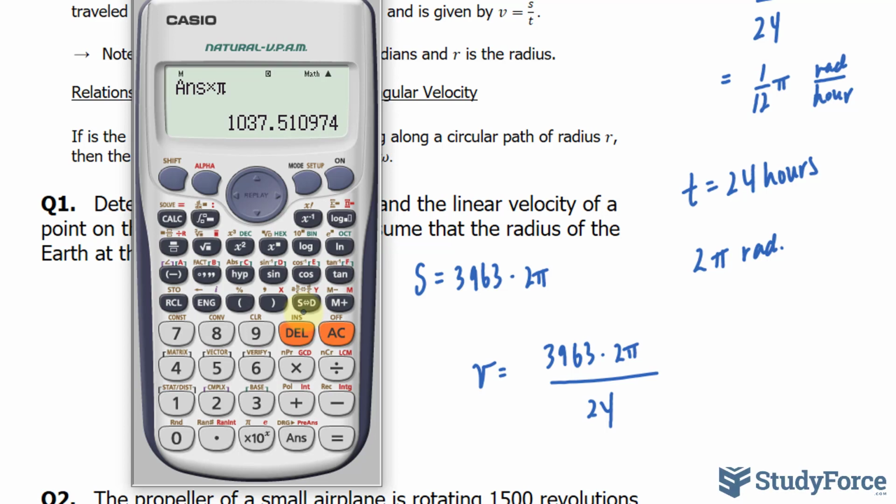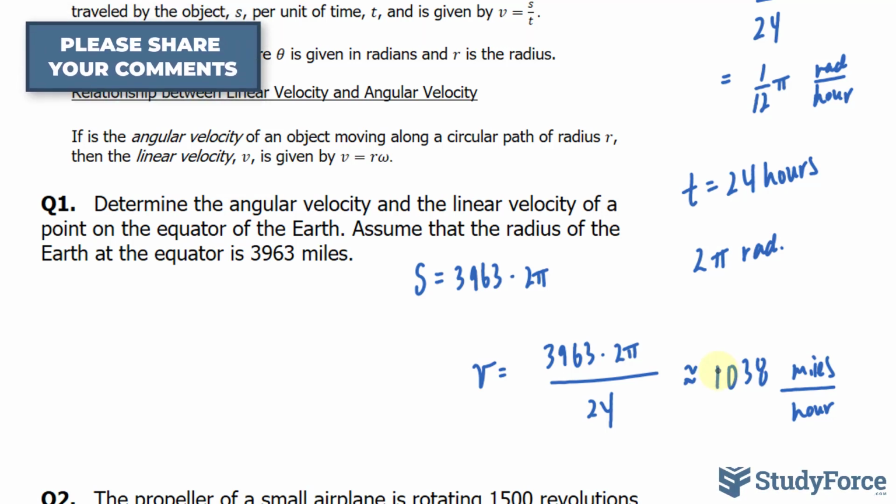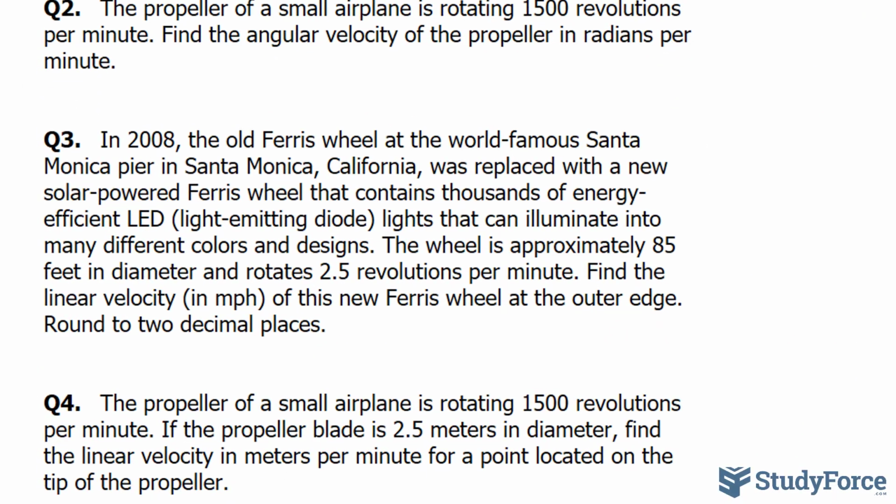Rounding this to the nearest whole, the answer is 1038. And let's use the appropriate units. Miles per hour. Just think about that for a moment. If you're located at the equator, every hour the Earth has spun roughly 1,038 miles and you didn't even feel a thing. Let's move on to question 2.